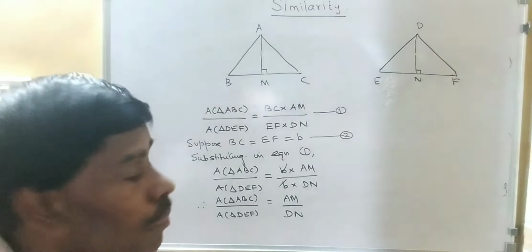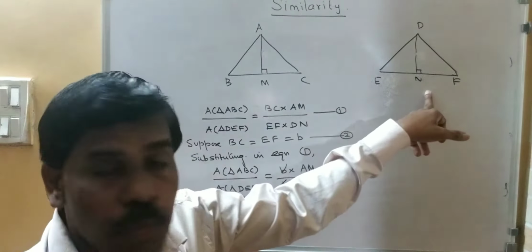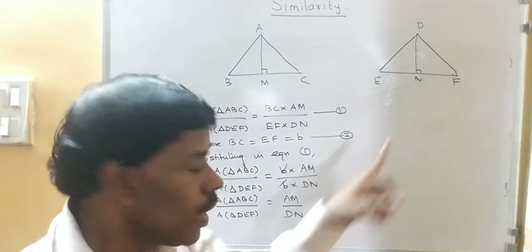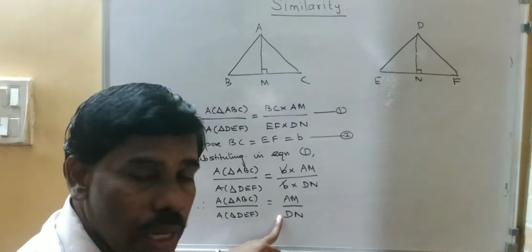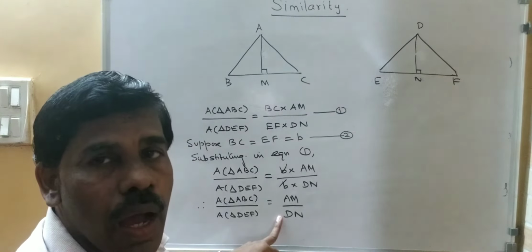That means when the bases of both the triangles are equal, the ratio of their areas is equal to the ratio of their heights.